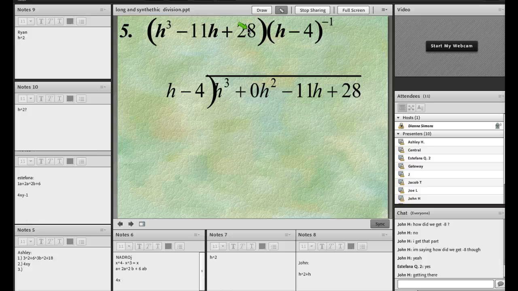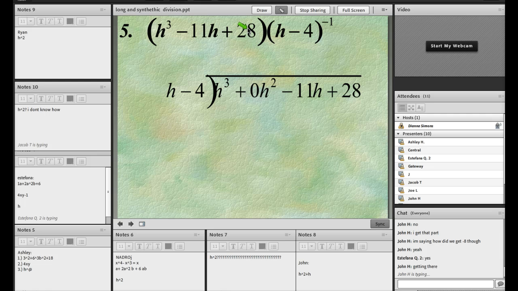And if you guys want, you can just keep on going. Yes, Jacob, h squared is the right part. That's right for the first term. All right, you guys keep on going. Yes, h squared. Now what?